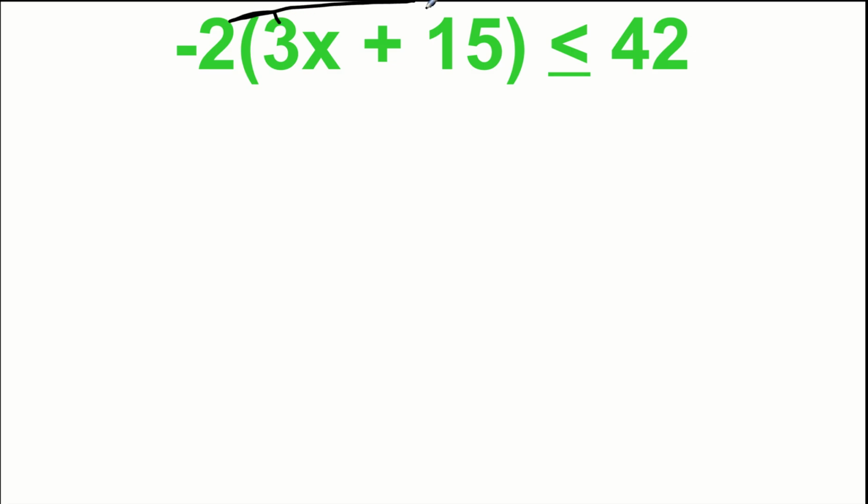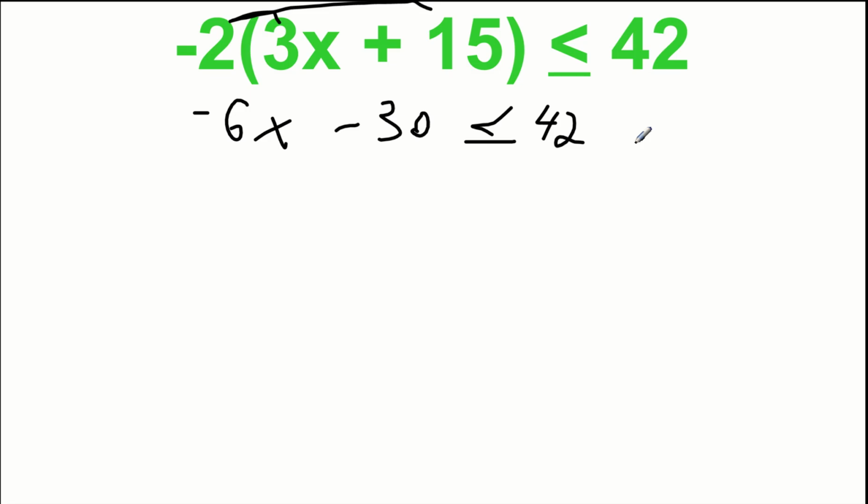You distribute negative 2 times 3x makes negative 6x. Negative 2 times 15 makes it minus 30. We got less than or equal to terms.